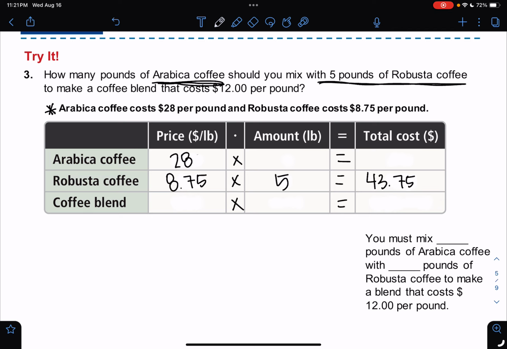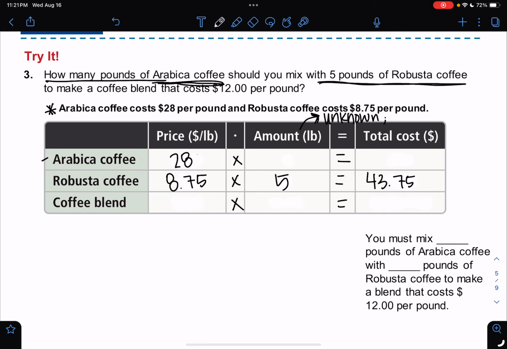They did not tell us how many pounds of Arabica coffee we need to use. That's why we're solving for it, so it's an unknown amount. Let's make the unknown amount our variable.